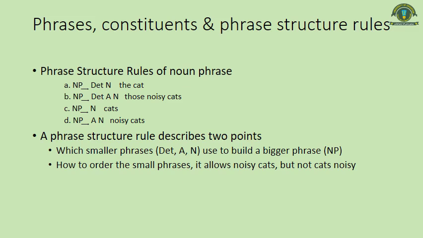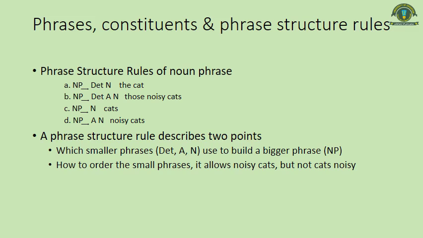A phrase structure rule tells us two major things. First, which smaller phrases, for example determiner, adjective and noun, are used to build a bigger noun phrase.